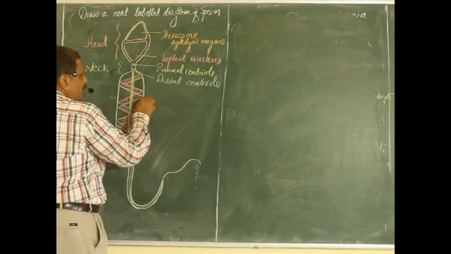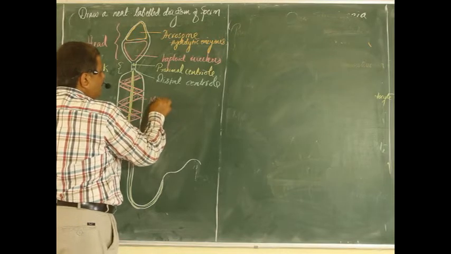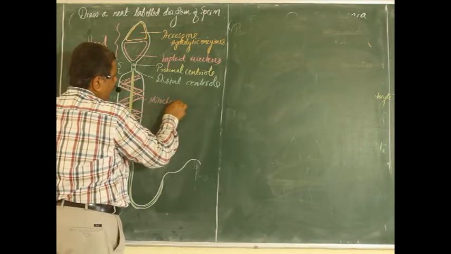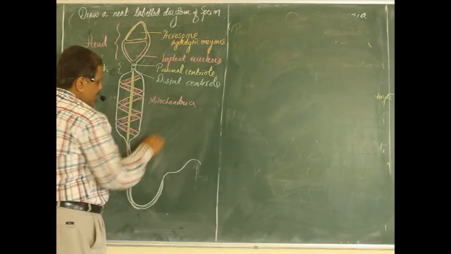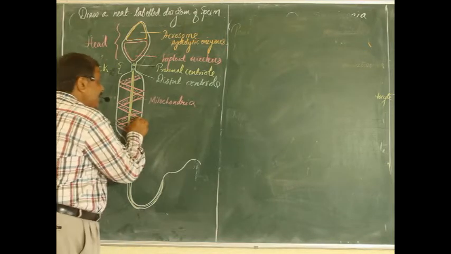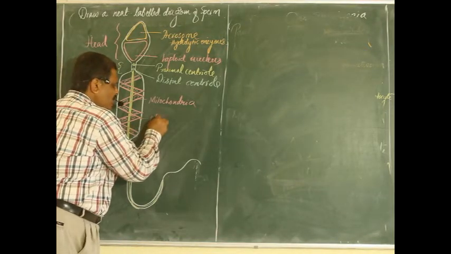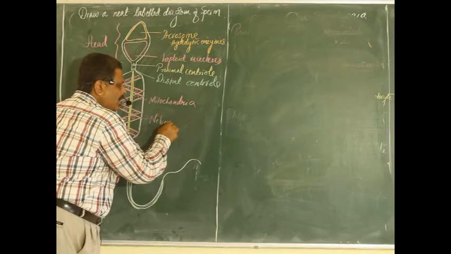And mitochondria, and it is called Nebenkern. The structure is called Nebenkern.